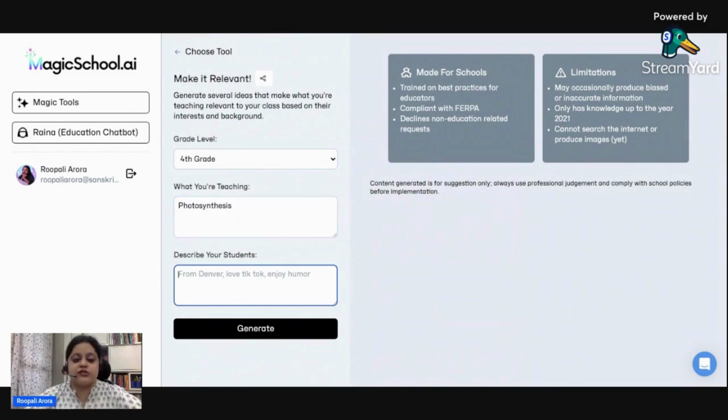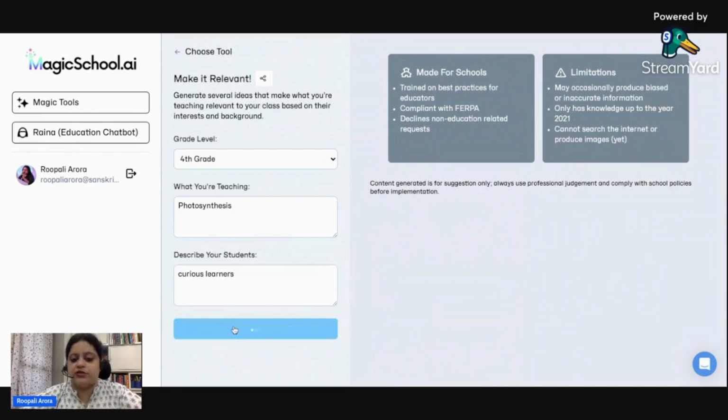Are my students very creative? Are my students very serious? Or are my students very curious? Are my students more exploration based, or are they the ones who really enjoy humor? Based on that, I will describe my students. Suppose my students are very curious learners. So I just write that, and I click on generate.